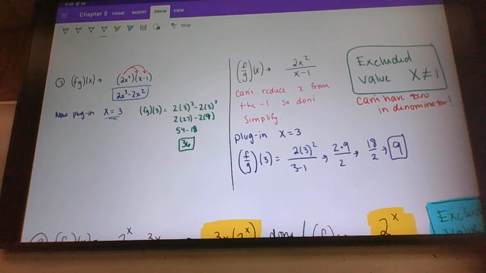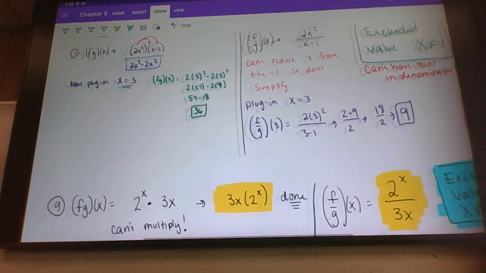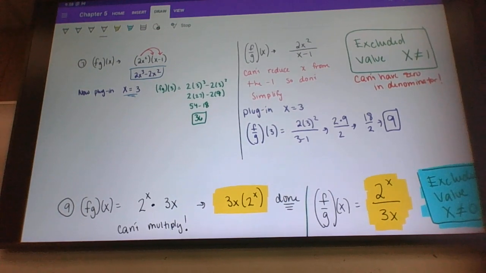You actually can't multiply that. Then what do you do? If it can't multiply, why not? Never say that again.